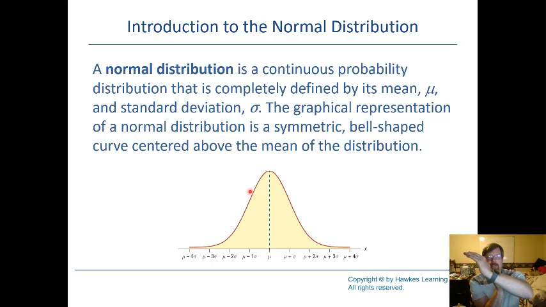It inflects at that point, and that is how the standard deviation defines what the curve looks like. That's where it shifts from curving down to curving up, that happens at the 1 standard deviation.